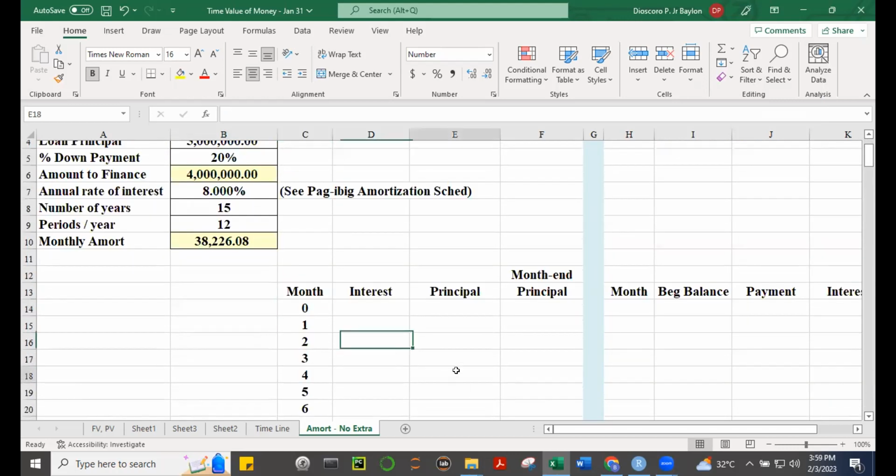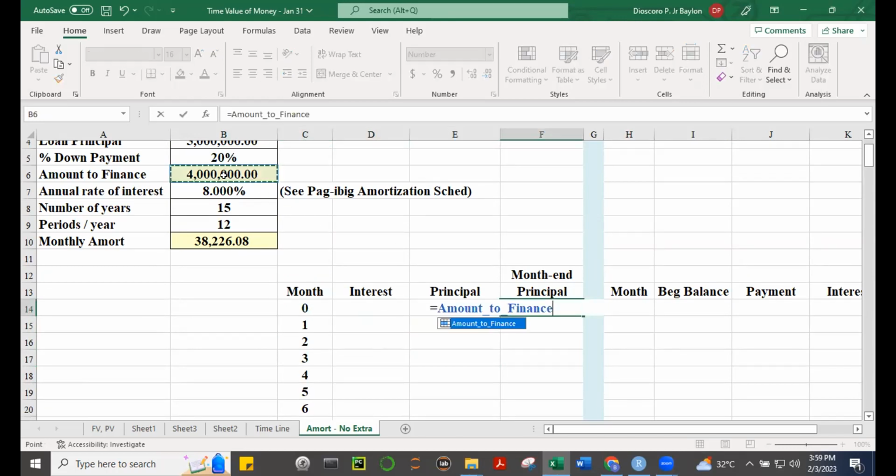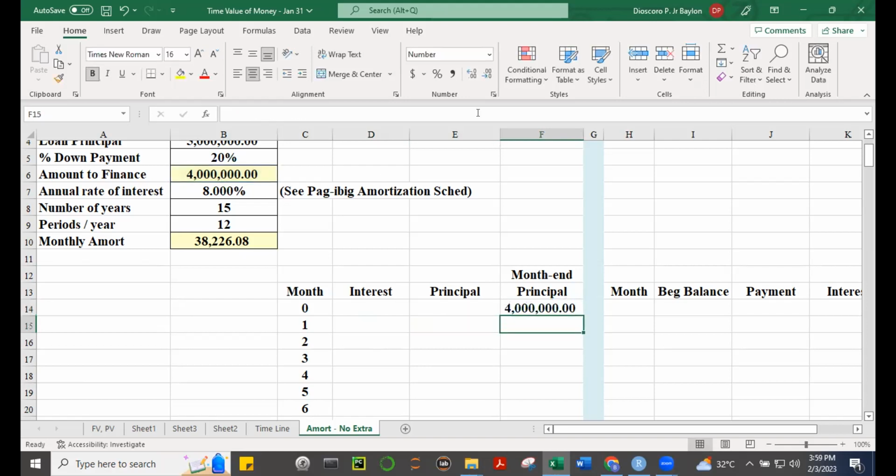All right. So starting with 0, when we borrow money, we'll get the 4 million, but we won't be paying yet. This is an ordinary annuity. So at month 0, we get the money. We don't pay yet. So our principal balance will be equal to the amount to finance, 4 million.